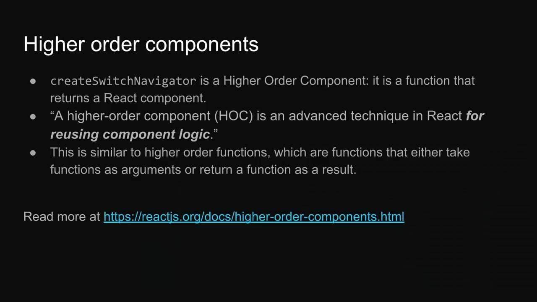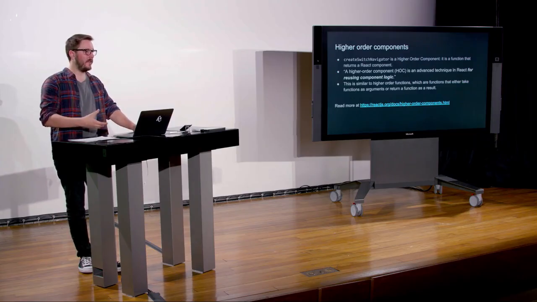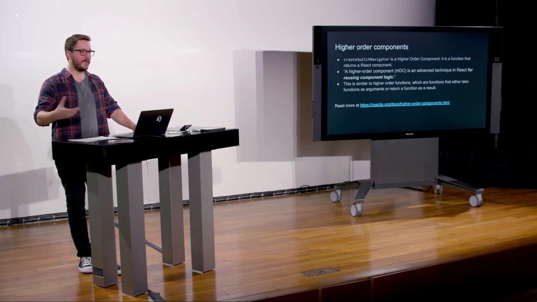A higher order component, as defined in the React documentation, is an advanced technique for reusing component logic. And the component logic we're reusing in this case is the behavior of how a switch navigator works. We're saying, we want you to be a switch navigator that has these screens and these route names. And the logic for how it operates given those parameters is built into the underlying switch navigator.